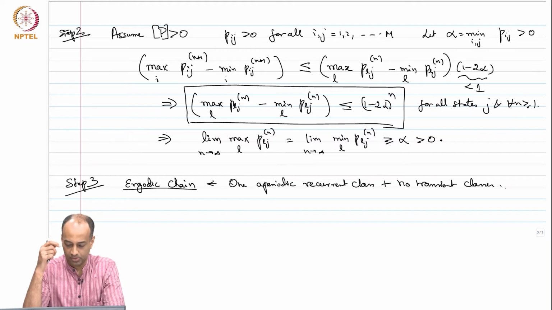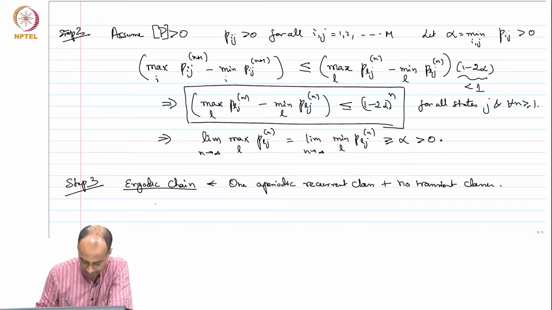We will put the transient classes in later. So we are going from p strictly greater than 0 to p corresponding to a single ergodic class, and no transient classes.